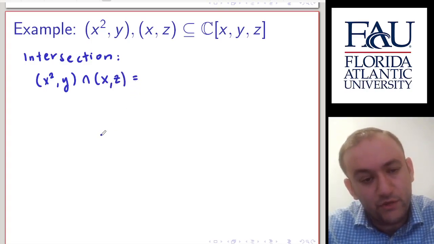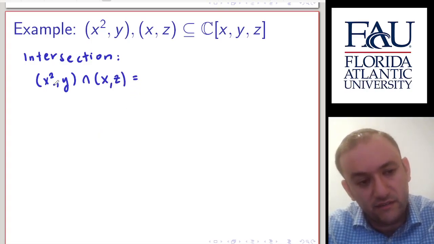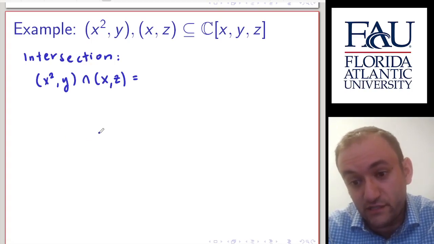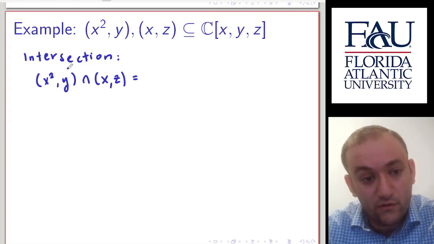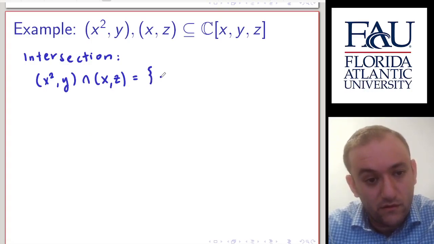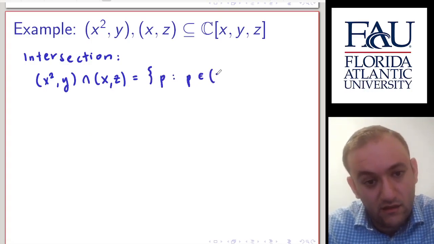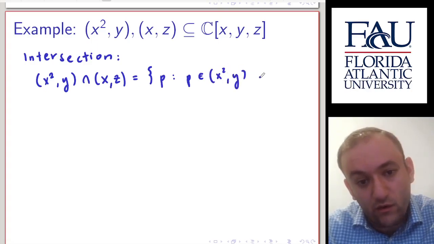Okay, so which monomials would be in both of these ideals? Well, if I'm a monomial in either of these ideals, I need to have one of the generators as a factor. So again, this is p is in x squared y, and p is in xz.